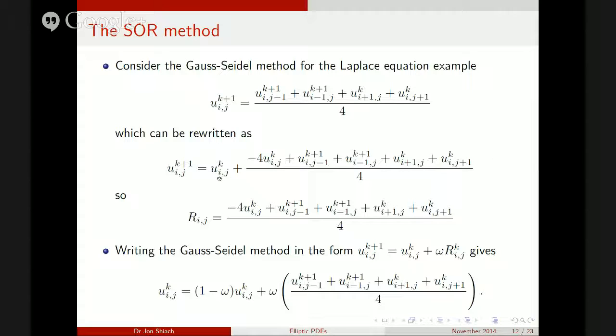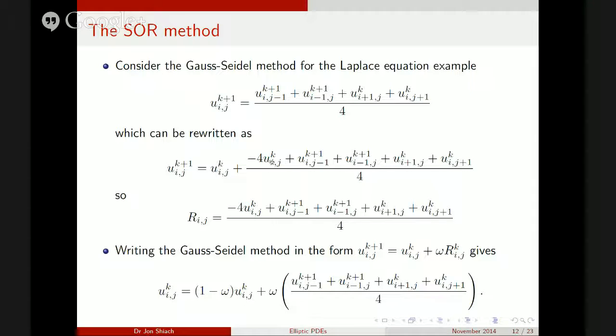So I've included the kth estimate for the ij node there, and I've taken it away there as well. So I haven't added anything to the right-hand side. I've added u_ij there, and added -4 u_ij there, but because we're dividing by 4, I'm taking it away. So it's a little trick. I've added the u_ij there, but I've taken it away there.